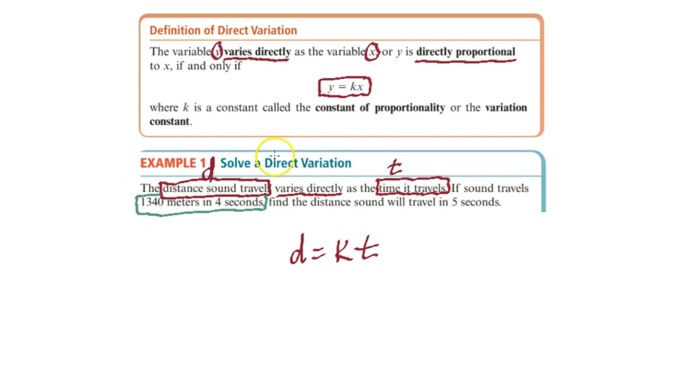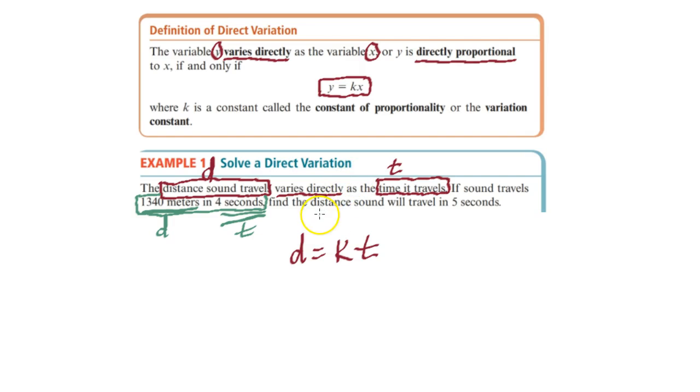If sound travels 1,340 meters in 4 seconds, that's essentially giving us the distance, d, and the time, t. So they give us a distance and a time that we can plug into this equation, and that will allow us to solve for the constant of proportionality.